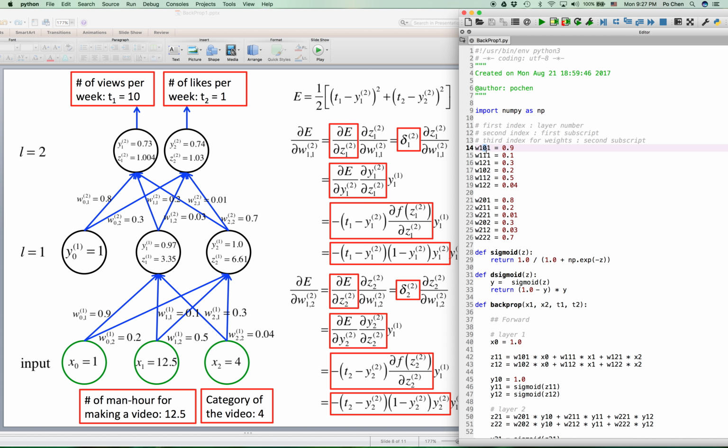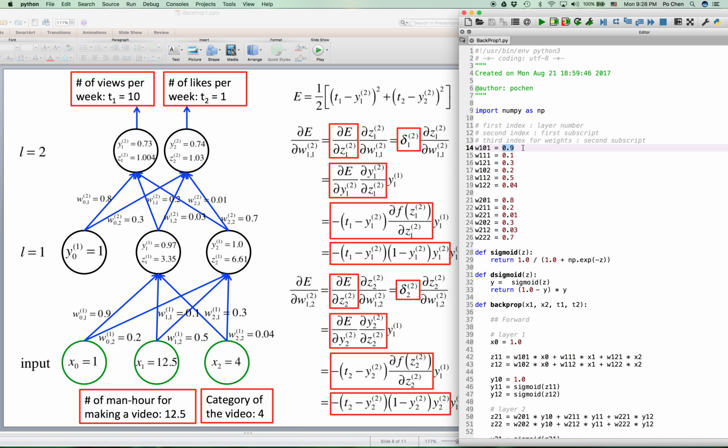Only the weights have a third index, because all the y's, the outputs, and the logits of each neuron have only one subscript. If you want to compare the values, W101 equals 0.9. For W101, 1 is the superscript, 0 is the first subscript and 1 is the second subscript.